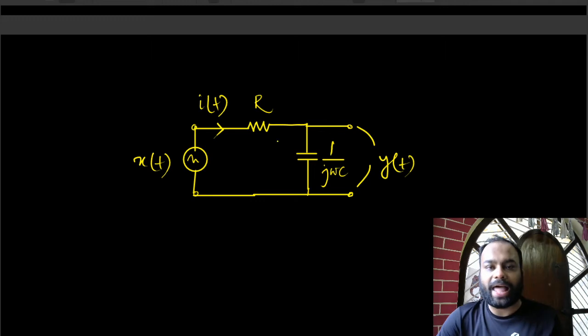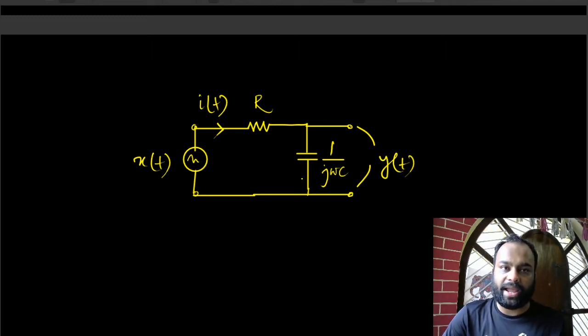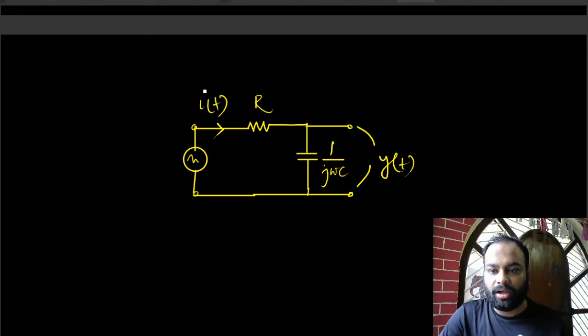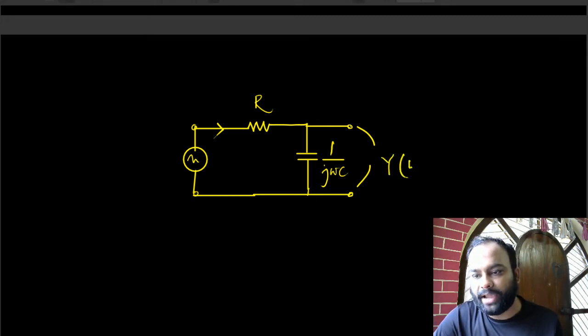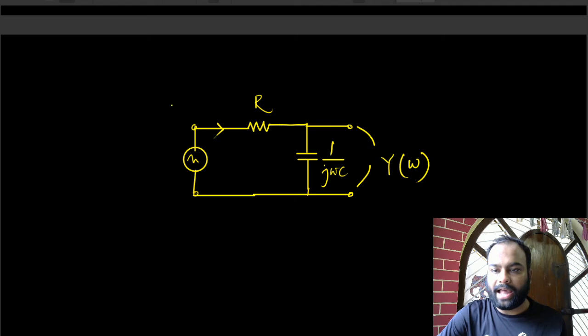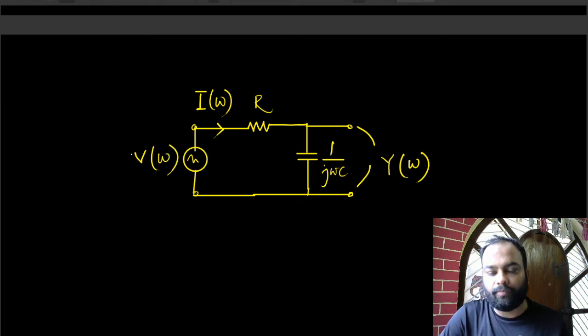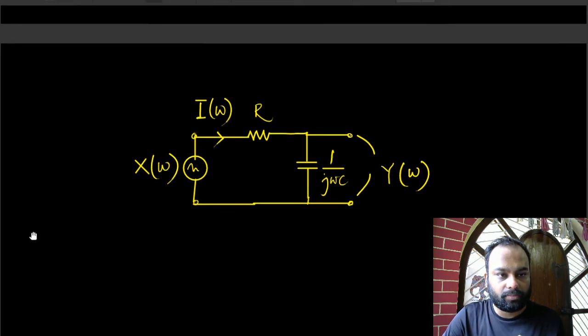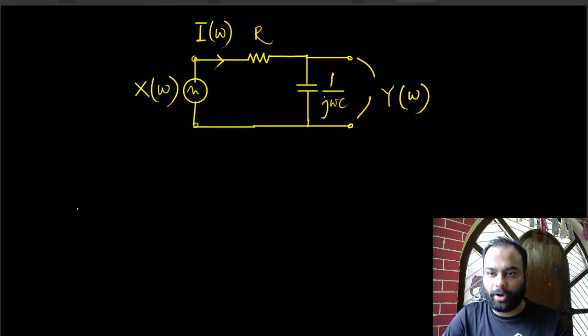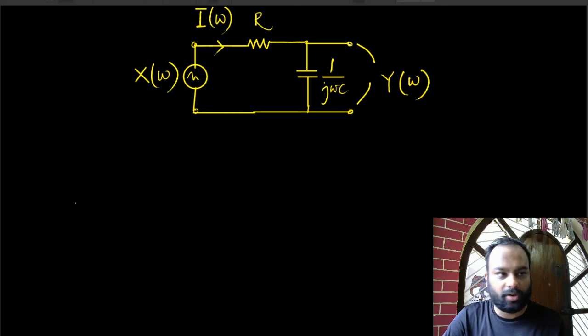The moment I write impedances in this way, it essentially takes everything from the time domain to the frequency domain. So now instead of y(t) I have Y(omega), the output as a function of frequency, I(omega), the current as a function of frequency, and V(omega), the input voltage as a function of frequency. I consider that to be X. We are going to solve the exercise of the last class later on, so don't worry.